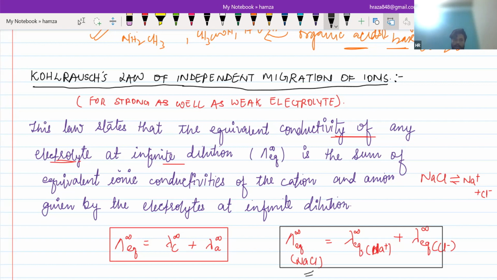NaCl is a salt, a strong electrolyte, and it dissociates into its ions Na plus and Cl minus. That's why it says it is the sum of equivalent ionic conductivities of the cation and anion given by the electrolyte at infinite dilution. This is it about equivalent conductivity. Are you getting my point?